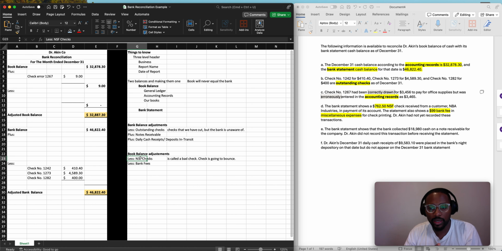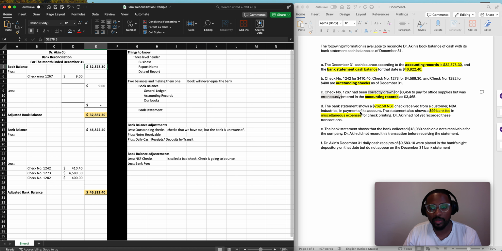But look at what happened here. Someone owed us $762.50. They wrote us a check. We thought the check was good, right? So we thought the check was good. So obviously, if we thought the check was good, we're going to include it in our book, right? But when we go to the bank, the bank says, actually, this is a bad check.